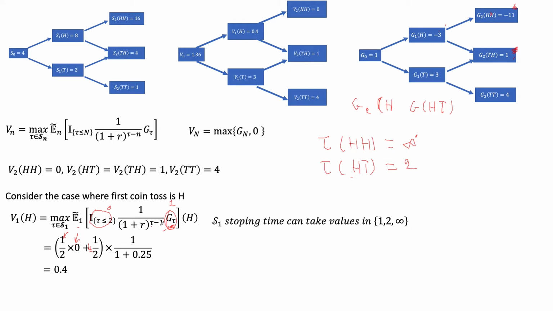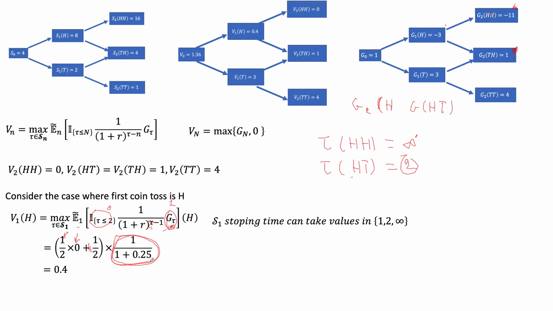So this whole thing would be 1. You get a 1/2 at this point, and then we just take it and discount it. So tau will be equal to 2. Tau TH is actually 2, so this will be 2 minus 1, which is 1. That's where this discount factor is coming from.